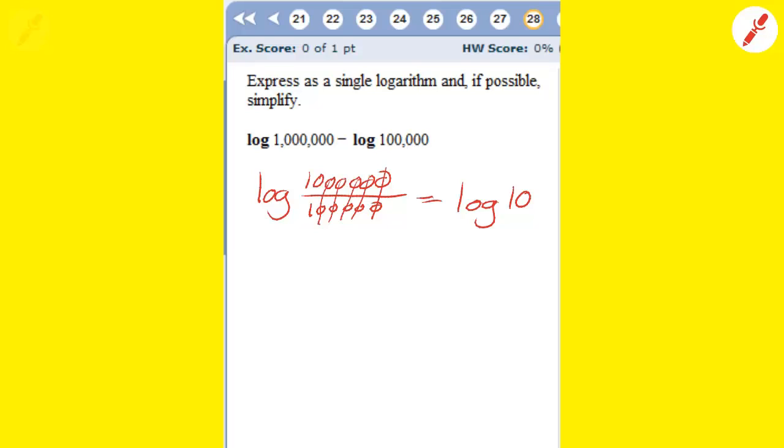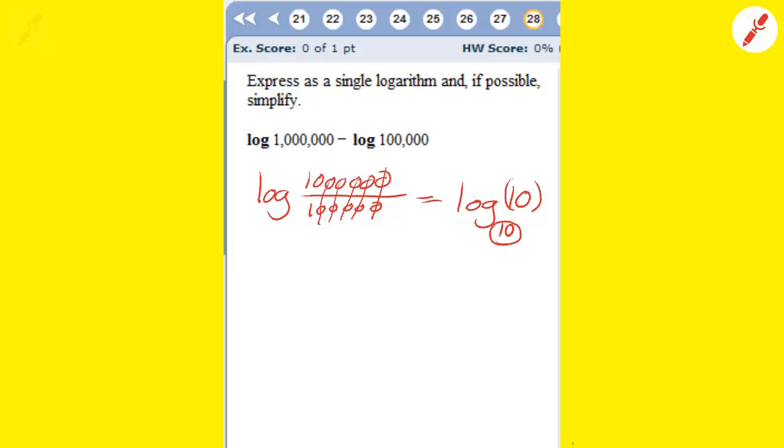Now, let's stop and analyze. When you just see the word log, its base is 10. And what a logarithm is telling me is what the power is that the base 10 is raised to so that I can get a 10.